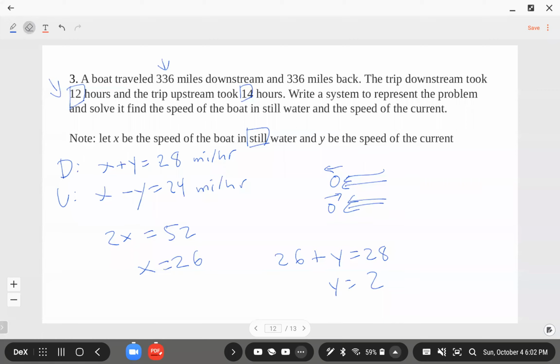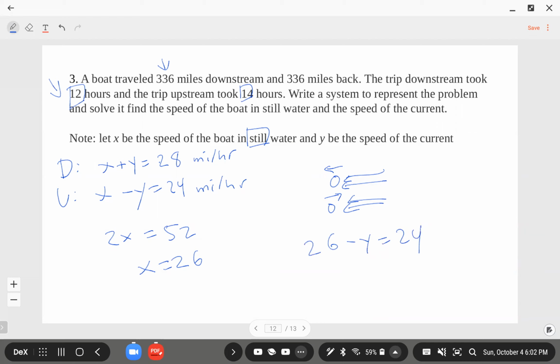Let's plug it into the other equation to see if that's correct. The other equation, 26 minus y equals 24. So this is equation 2. Let's plug x in as 26 to check our answer.